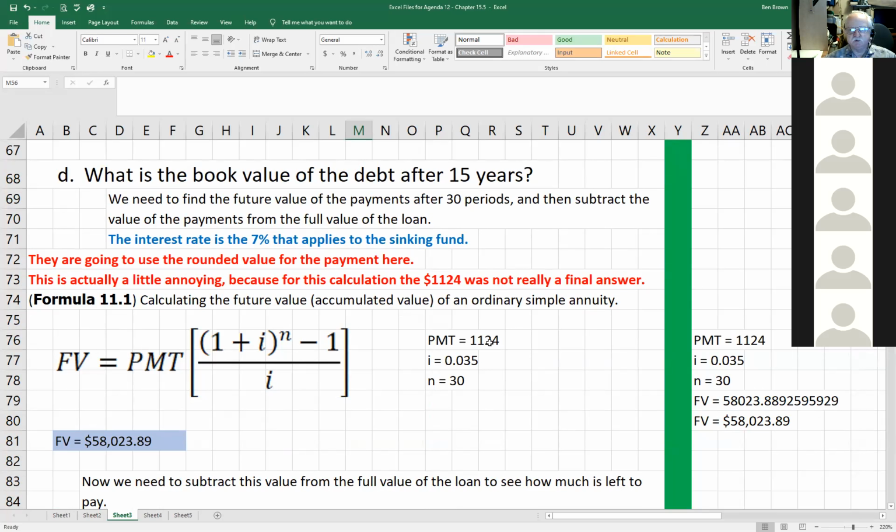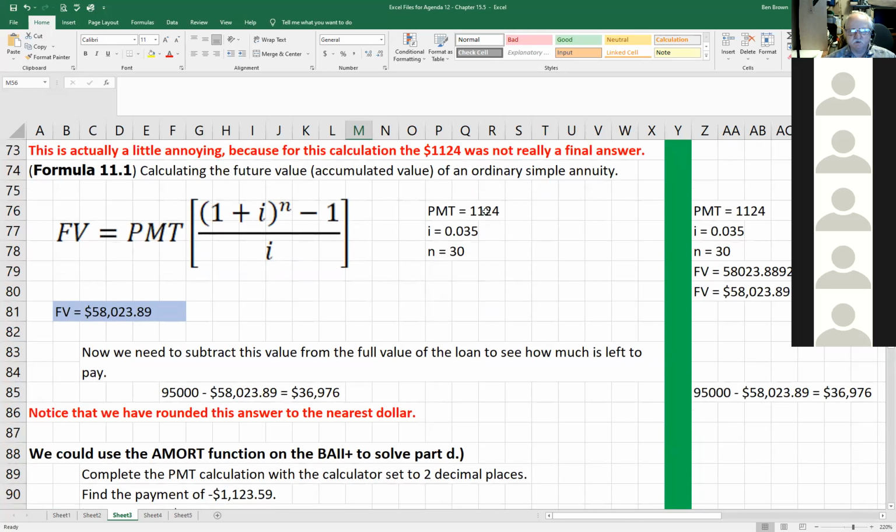And the payment we're using is the 1124, not the actual value. We're using the rounded value. And so we find that the future value of these payments would come up to 58,000. And we subtract this from the full value of the loan. So we find that 95,000 minus this equals 36,976. And again, we're rounding to the nearest dollar.